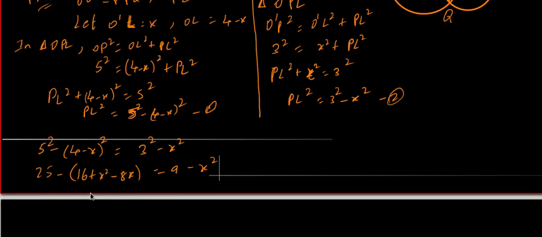Now we can remove the bracket: 25 minus 16 minus X square plus 8X is equal to 9 minus X square.